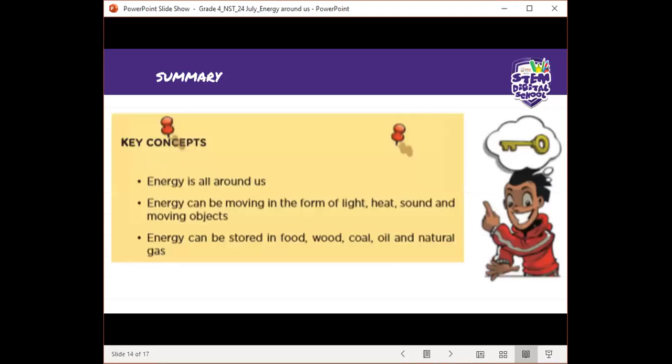Right. Key concepts: energy is all around us. Energy can be moving in the form of light, heat, sound, and moving objects. Energy can be stored in food, wood, coal, oil, and natural gas.